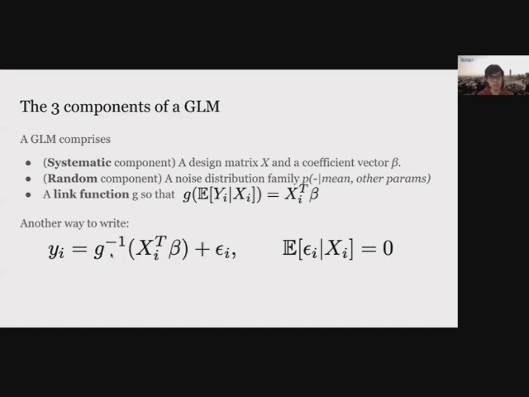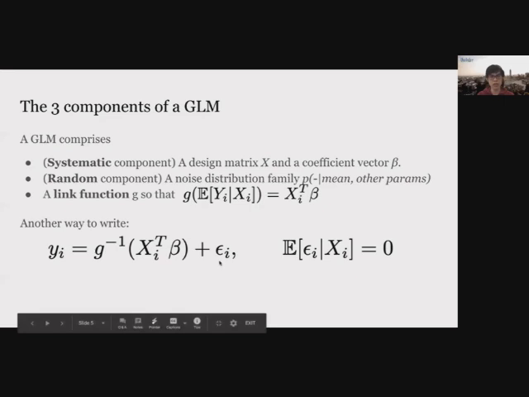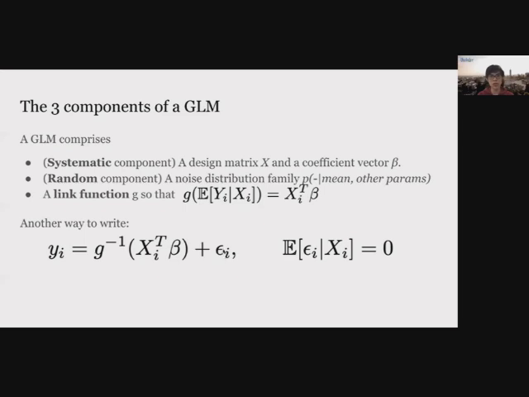Now for a general GLM, say for Poisson regression, G inverse is no longer the identity. For Poisson, this is going to be the exponential function. And not only that, epsilon i is also going to be different. It's no longer Gaussian, but it's going to be Poisson noise, Poisson noise that has been recentered so that its mean is 0.